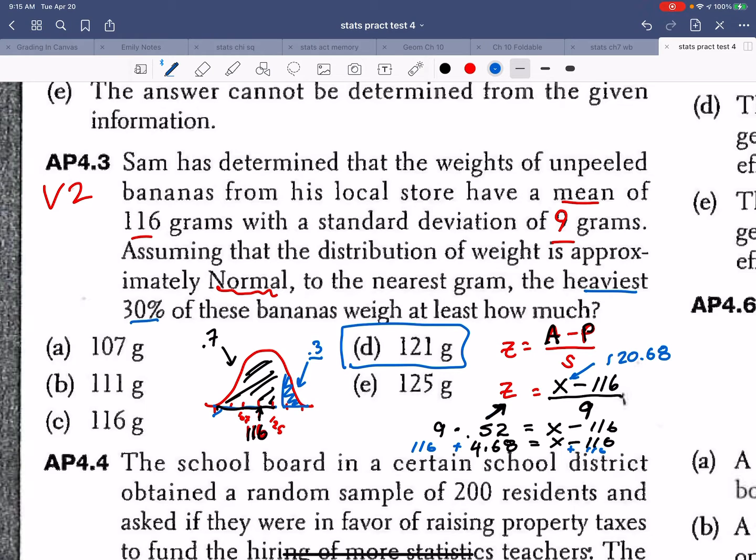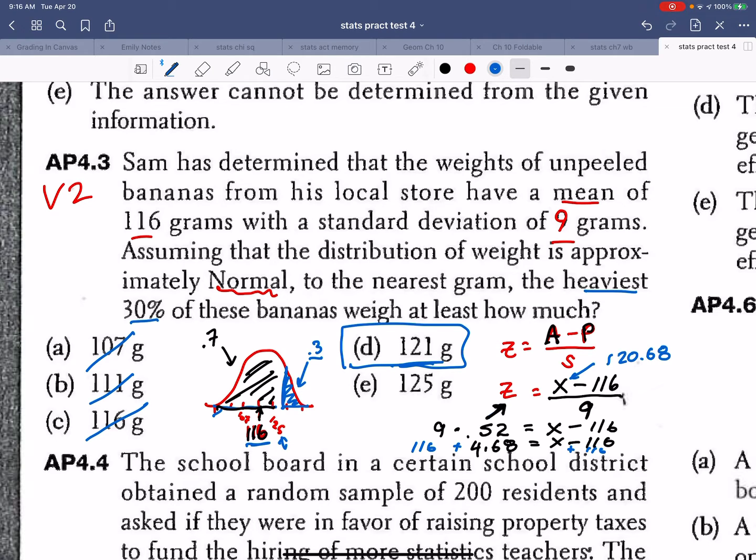Now we can also work this backwards in our calculator to check our work. You could approximate this using your standard deviation and eliminate any number below 116. You knew this line would be above that, right? So eliminate these and then plug these in.